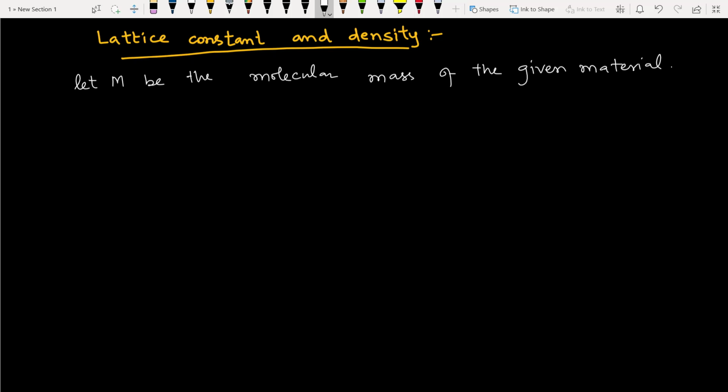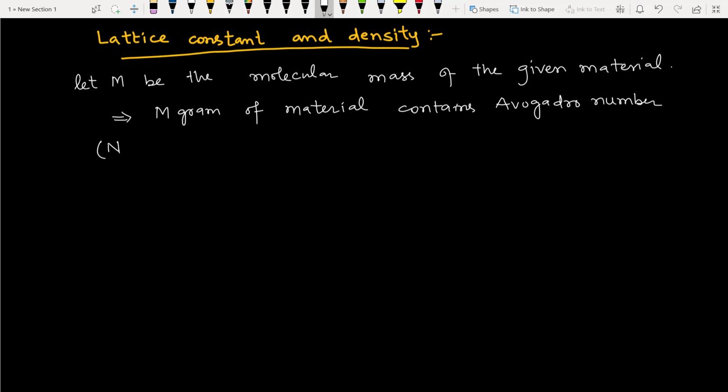This implies that M gram of the material that we are dealing with contains Avogadro number of molecules.